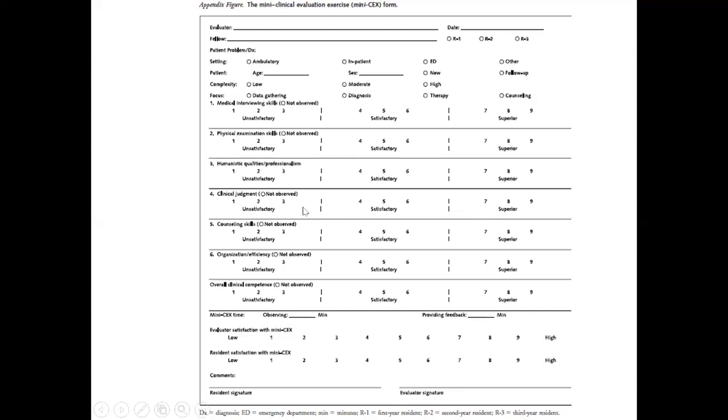But if it was not observed, then instead of keeping that completely empty, he should tick and check not observed. And then the marks are added there. After that, it is decided what was the overall satisfaction level of this clinical supervisor regarding that student, regarding that training.